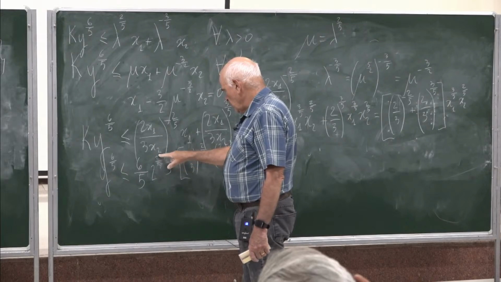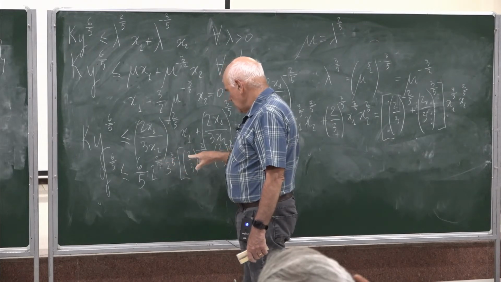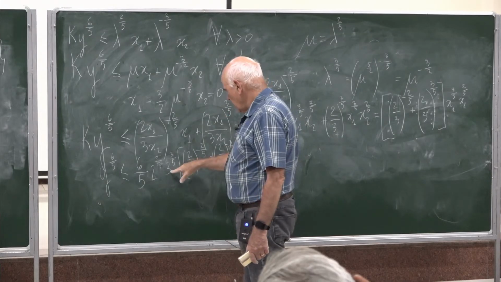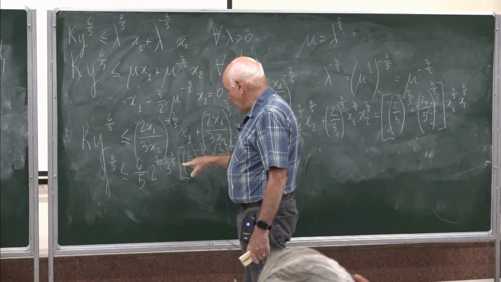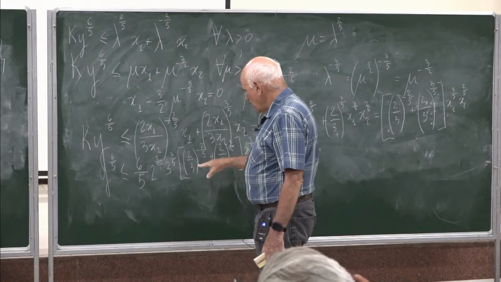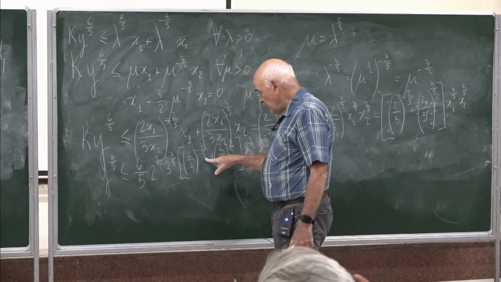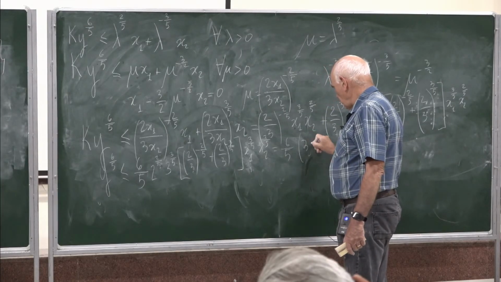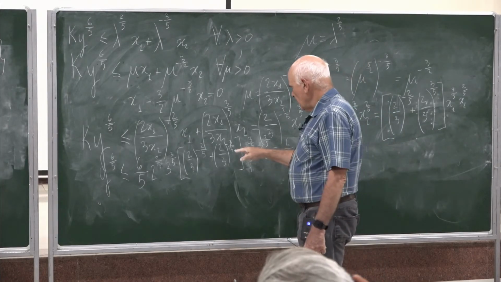2 to the power 2 over 5 times 2 to the power minus 2 over 5 is 1. 3 to the power 3 over 5 divided by 3 to the power minus 2 over 5 is 3.